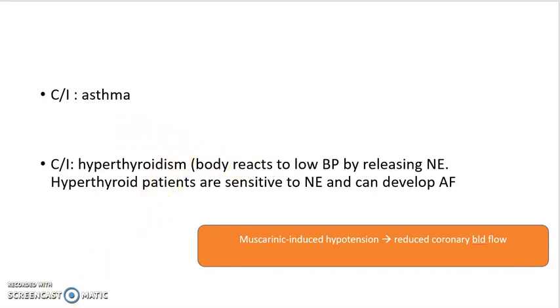The reason for this is that the body reacts to low blood pressure by releasing norepinephrine. Because the muscarinic agonist can also induce hypotension, this low blood pressure will cause your body to release norepinephrine. And hyperthyroid patients are sensitive to norepinephrine and can develop atrial fibrillation.